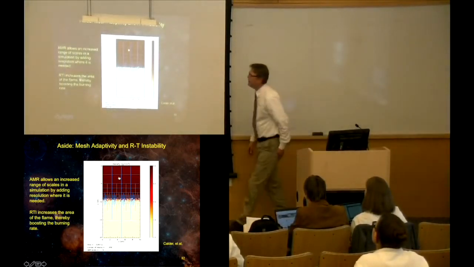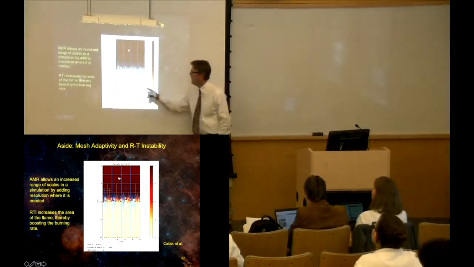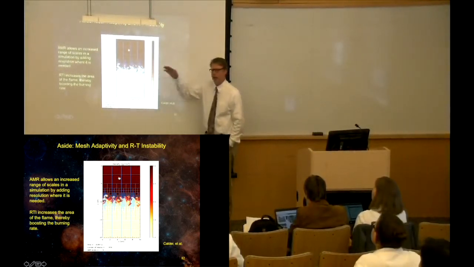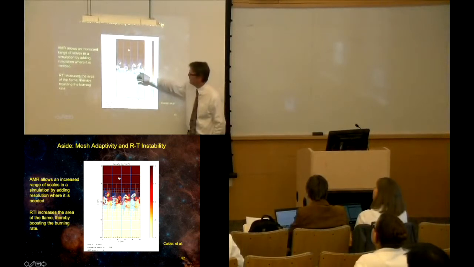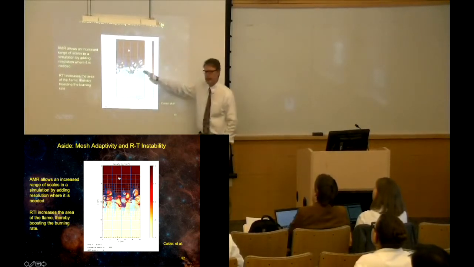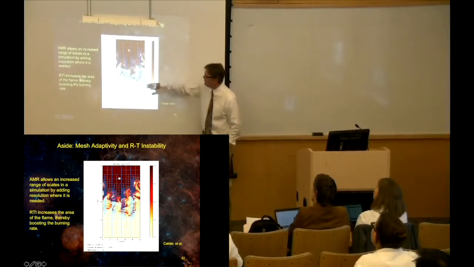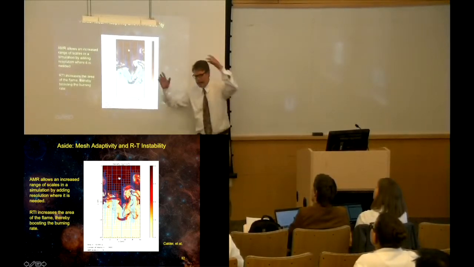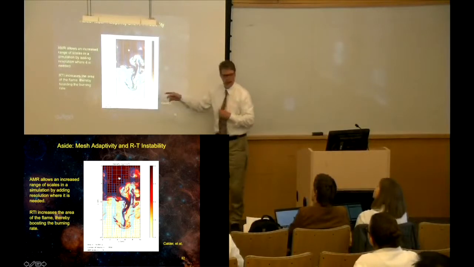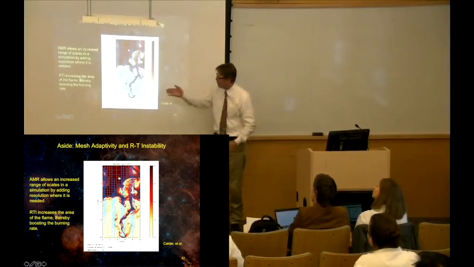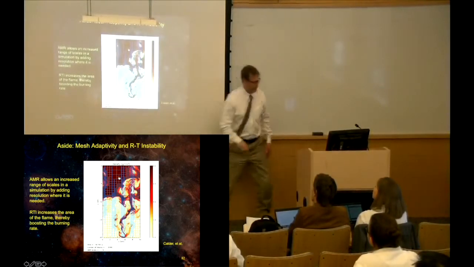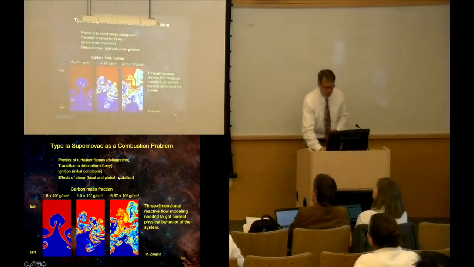So here's that Rayleigh-Taylor instability in effect. And you can imagine if this were a flame with a density contrast, as this surface area increases, the burning rate increases. And so this is going on at the scales that I acted out and on the scales that you can't see. We have a subgrid scale model for this Rayleigh-Taylor instability.